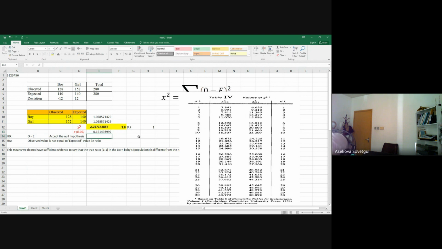See, the probability value here is 0.15, which is more than the alpha significance cut point of 0.05. So we accept the null hypothesis, saying that they are in agreement. My observed value is not much deviating from the expected value.